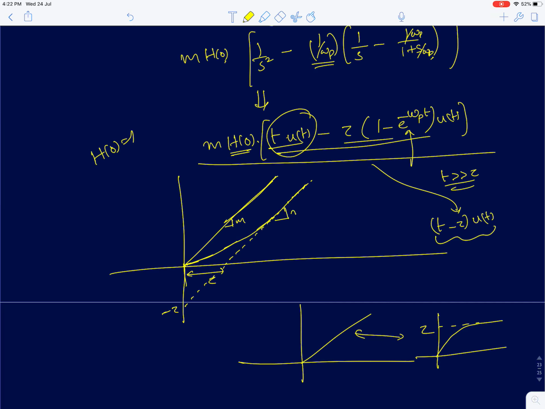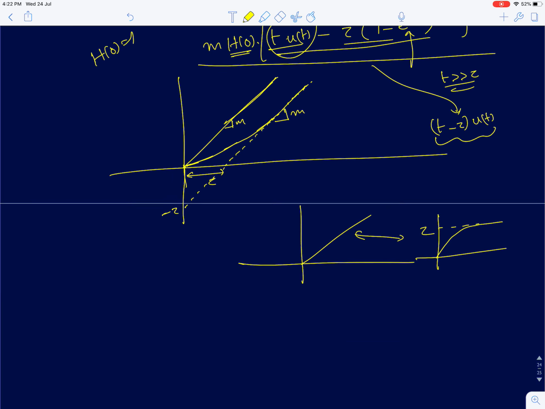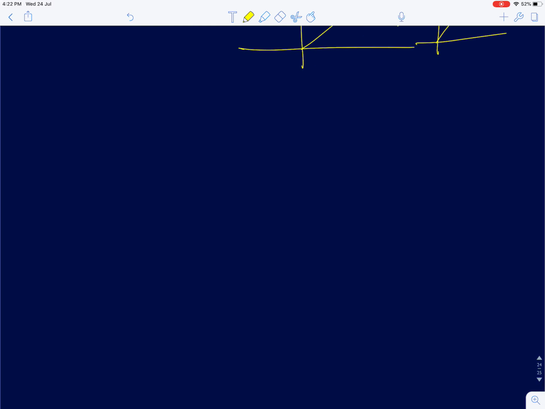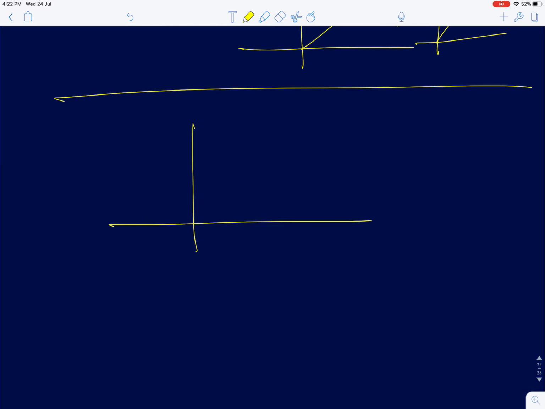Now the slope of this line will be m. Here I've assumed H of 0 is 1. If H of 0 is not equal to 1, then your input will have a slope of m, and the output will have a different slope depending on H of 0. It is m into H of 0.